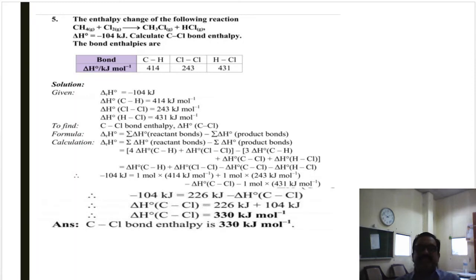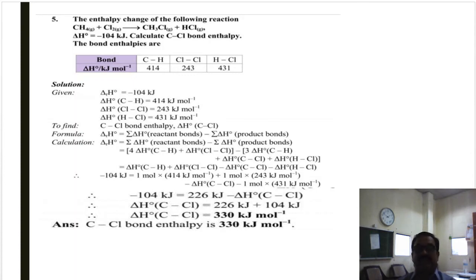Okay, next question. The enthalpy change of the following reaction. A problem is given to us, a reaction: methane gas plus chlorine gas, CH4 gas plus Cl2 gas gives CH3Cl gas plus HCl gas. Delta H0, the enthalpy of reaction, is equal to minus 104 kilojoules.